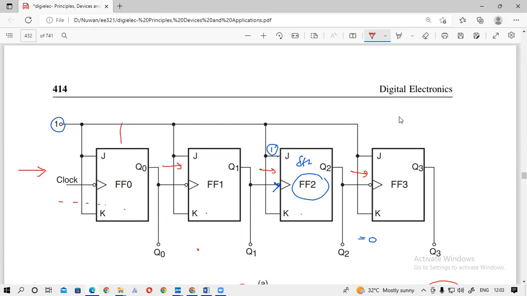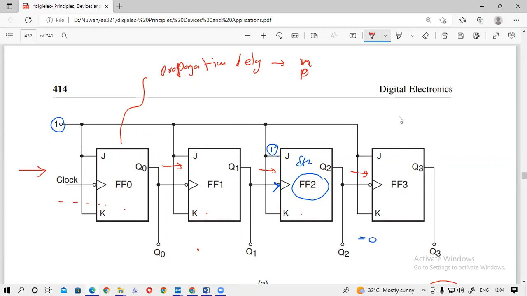We call it propagation delay. It will be very little, maybe in nanoseconds or picoseconds. But for a high speed circuit, this very little delay will also affect it much.